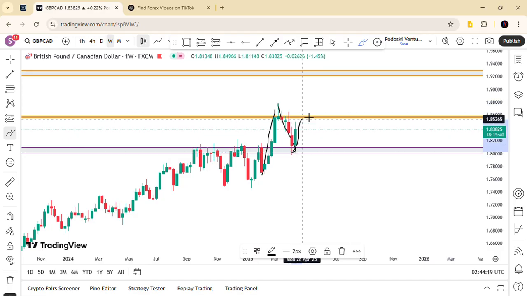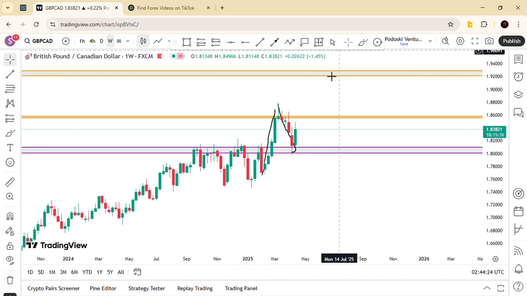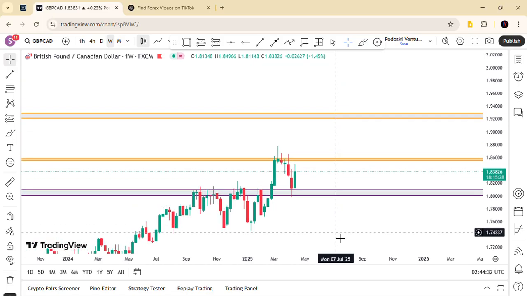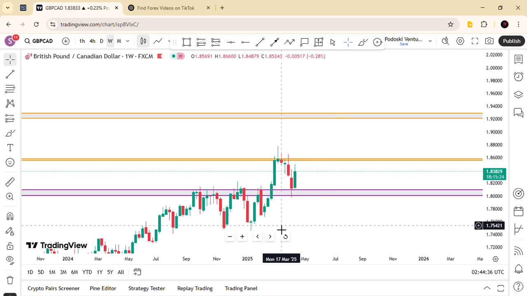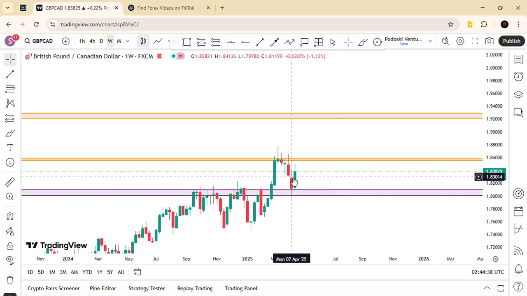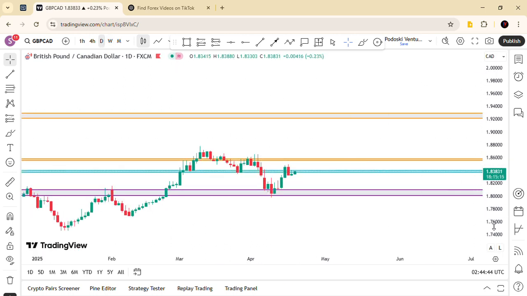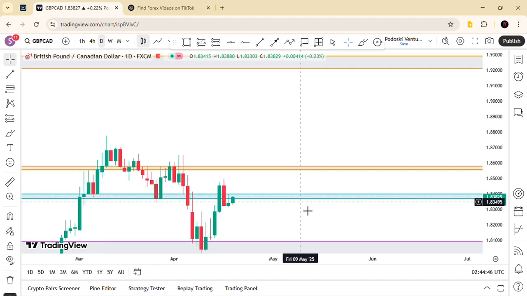We are seeing buying momentum all the way to the upside. So just like I said on the monthly time frame, you go down to the lower time frame and see how we pick the buy on GBP CAD all the way to the upside. So let's go to the daily time frame and see what we are doing.